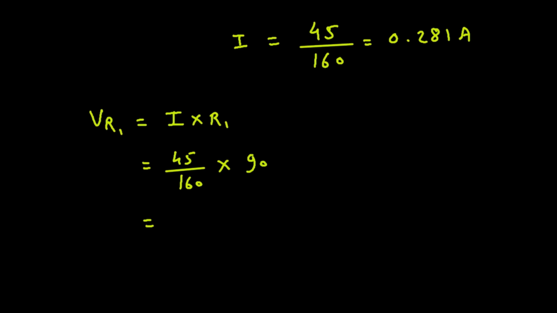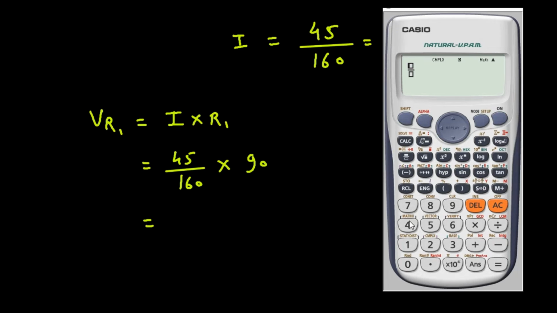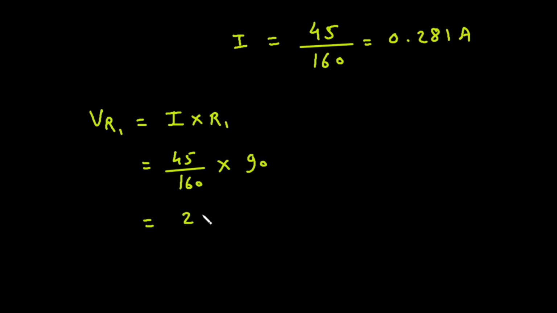If we solve this in the calculator, 45 divided by 160 multiplied with 90 is equal to 25.31. So 25.31 volt is the value of VR1.